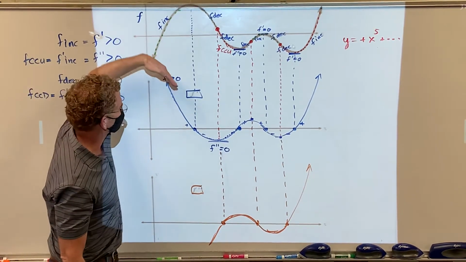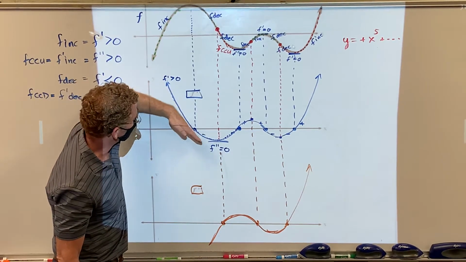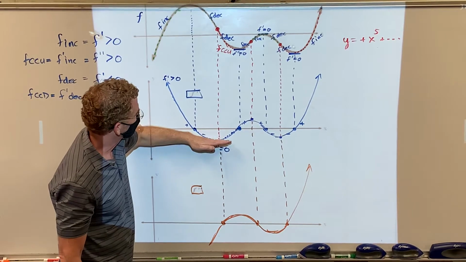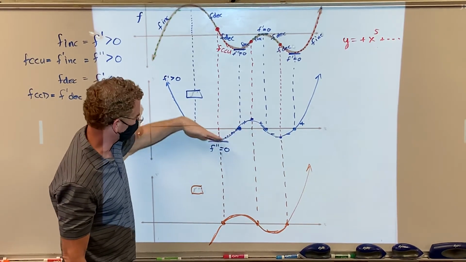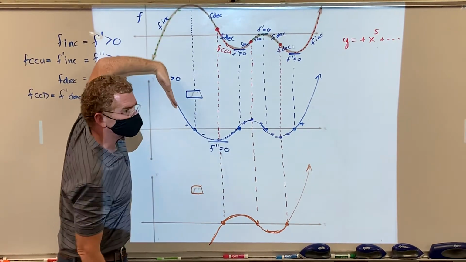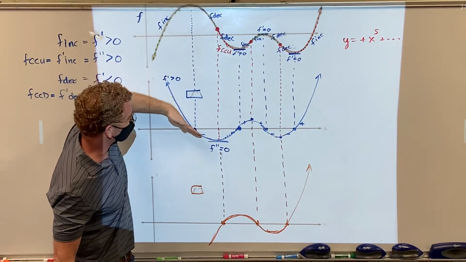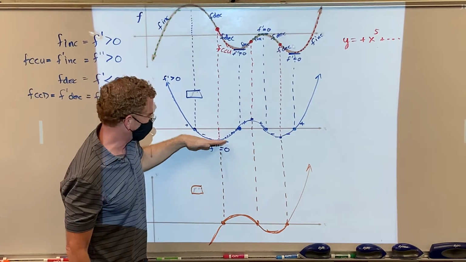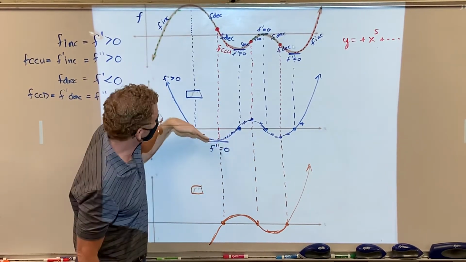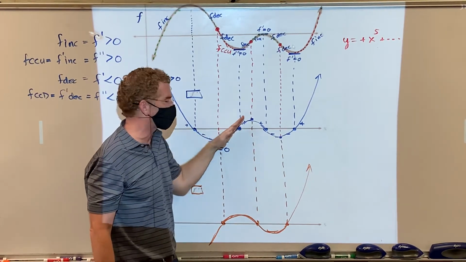Now, how about this? What's happening to the slope? Right here, the slope of this is something, and it's getting bigger. The slopes are getting bigger all the way through here. Does that make sense? Slopes are really negative, but they slowly approach 0, and they slowly get bigger, all the way through 0, even more positive, right?